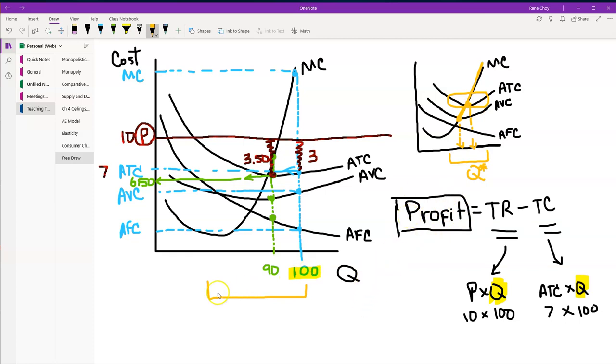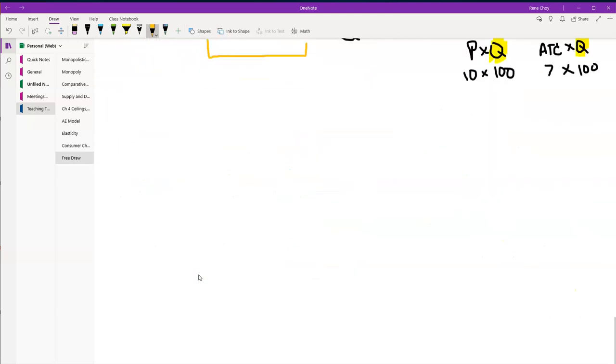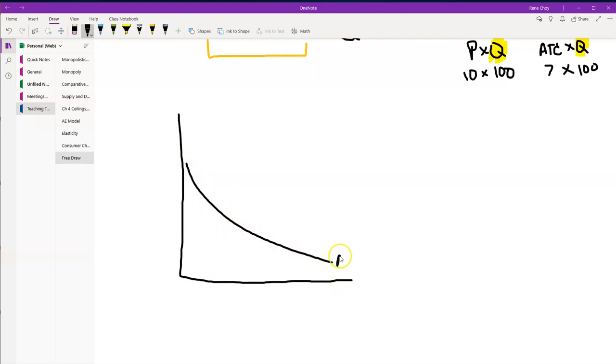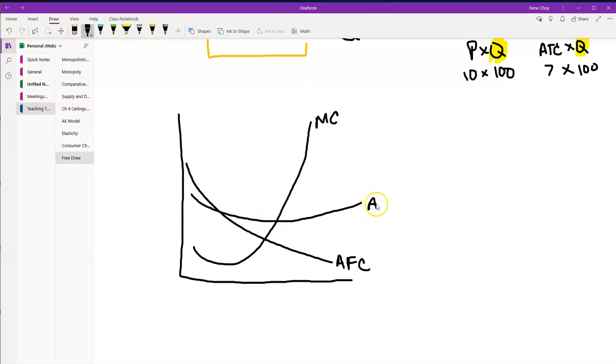All right. In any case, one of the biggest things you need to remember from this particular chapter is the graphs of costs. So you need to remember that average fixed cost looks like that. You need to remember that marginal cost looks like that, that average variable cost looks like that, and that average total cost looks like that.